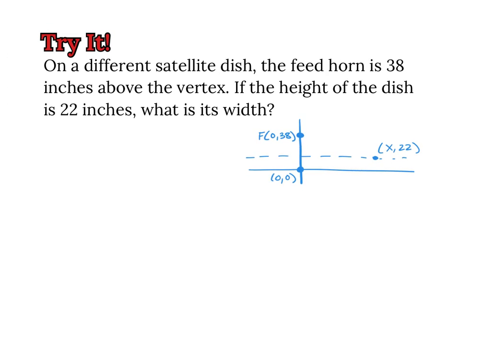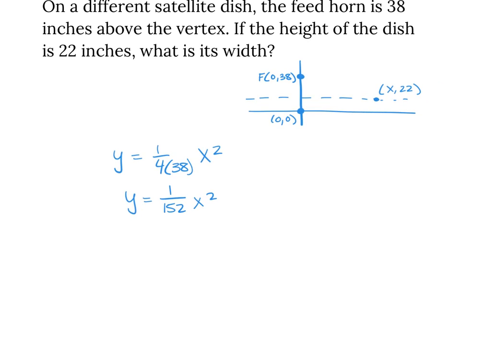Okay, so we're going to plug this into our equation. Our p is 38. Go ahead and simplify. They've told us our height is 22, that's our y, so we're going to plug in 22 for y.